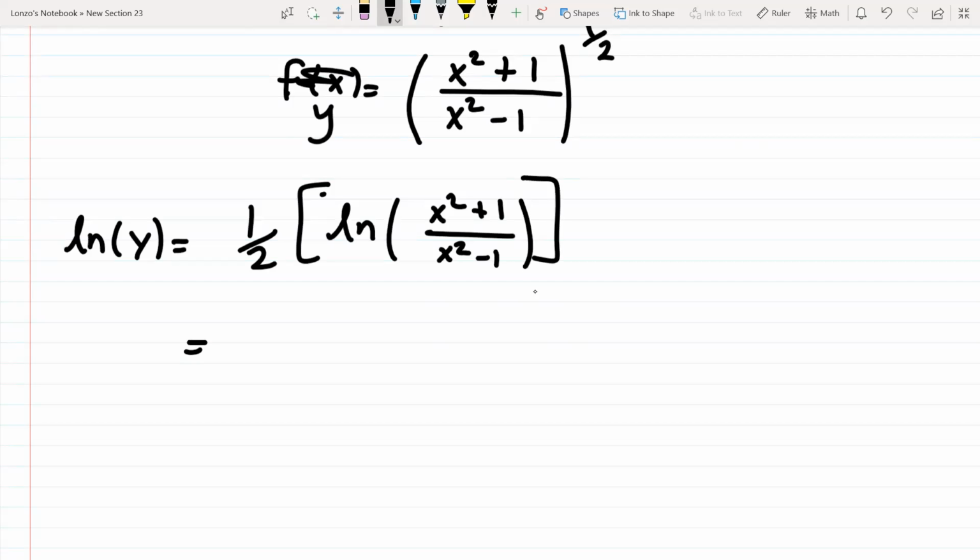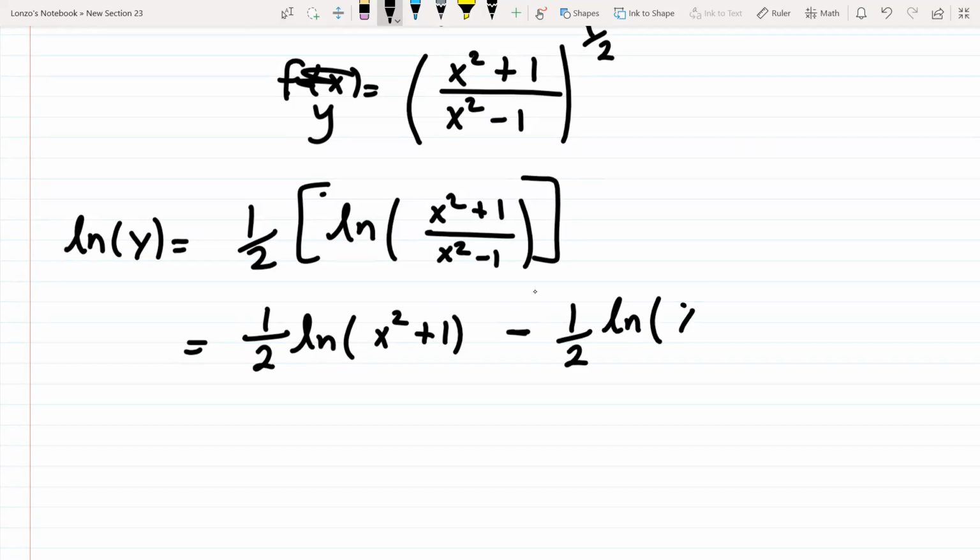Then use your property of log again. So this would be 1/2 ln of (x squared plus 1). And when you're dividing logs, you're really subtracting, so it's going to be minus. And do not forget about this 1/2 because it's pulled out. So it'd be 1/2 ln of x squared minus 1.